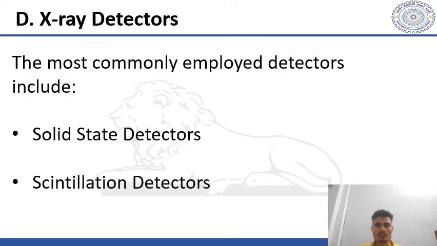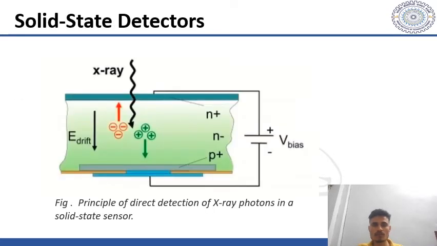Now the last component is X-ray detectors. The most commonly used to detect X-ray radiation are solid state detectors and scintillation detectors. The first detector is the solid state detector. This solid state detector has charge carriers, electrons and holes.